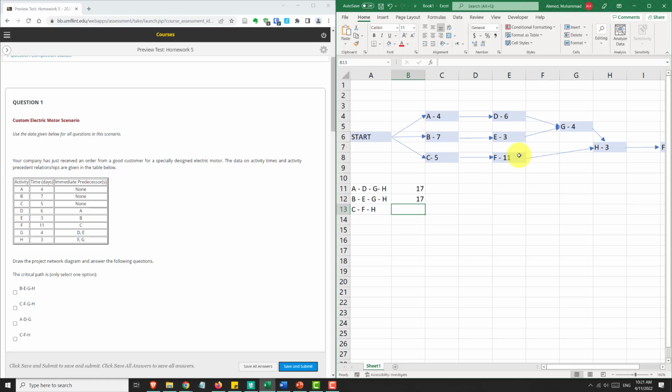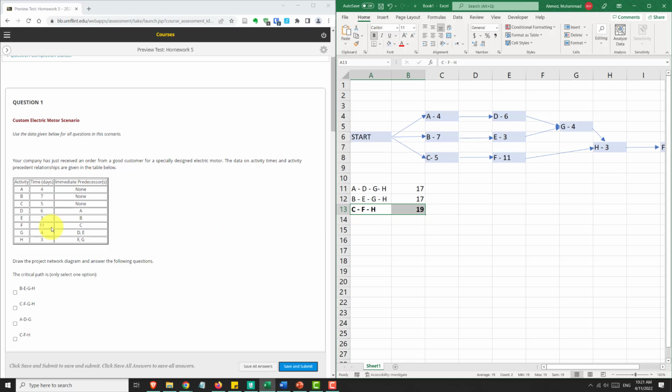Okay. And then CFH will take 5, 11, and 3, 19 days. Okay. So clearly this is the longest path.